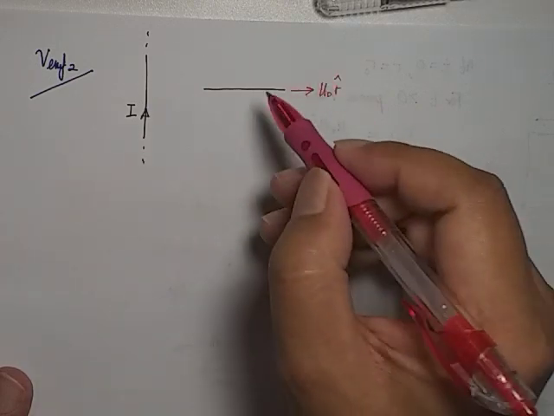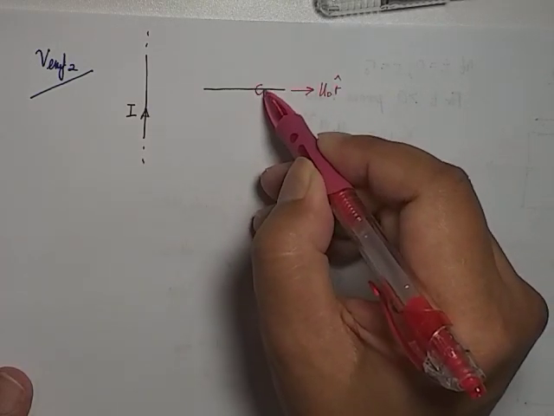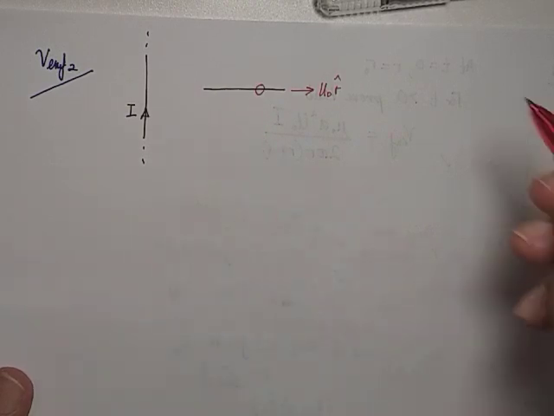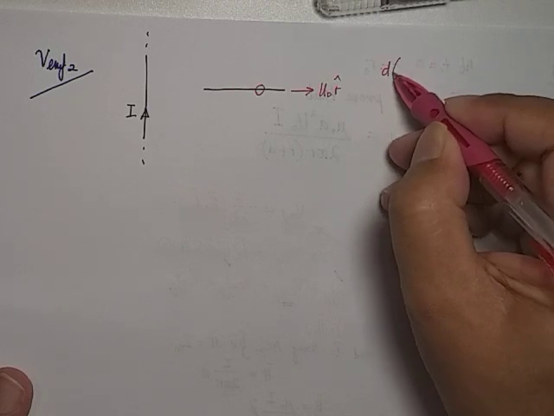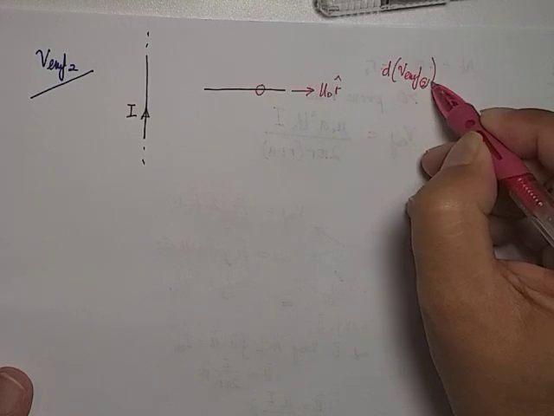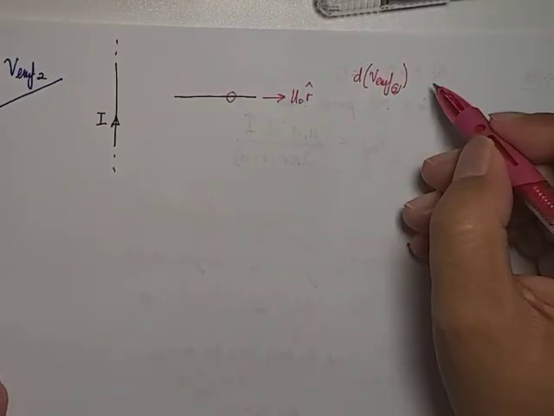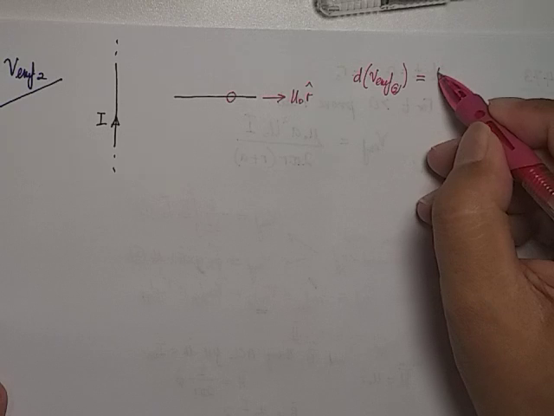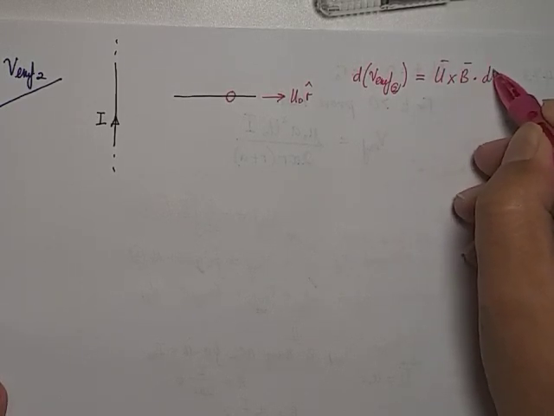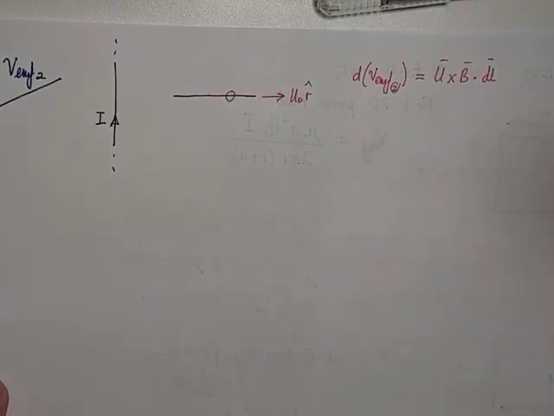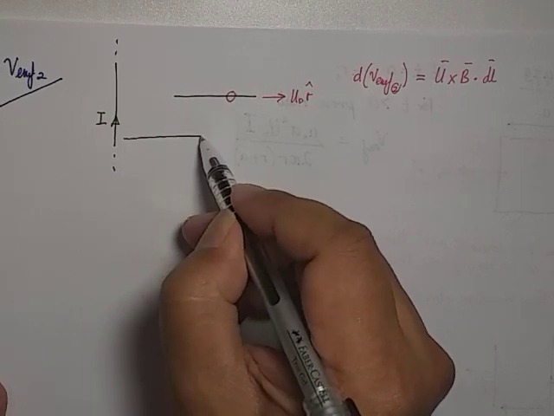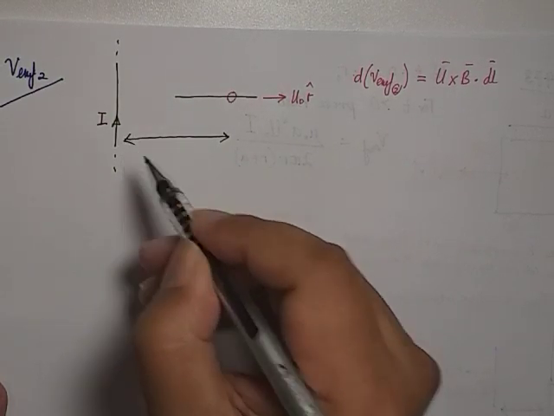So now we can find the VEMF here. This VEMF we're going to label as VEMF number 2. And mathematically, it is still the same as before: u cross B dot dl. Okay, let's label this distance to be R.